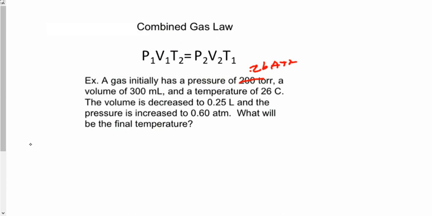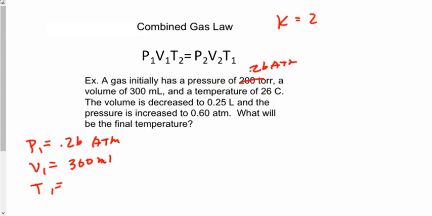So I'm going to make myself a chart. Pressure 1 equals 0.26 atmospheres. I will record my units now to make sure I know what I'm doing. My volume 1 is equal to 300 milliliters. And my temperature 1, oh, this time it's in Celsius. I need Kelvin.